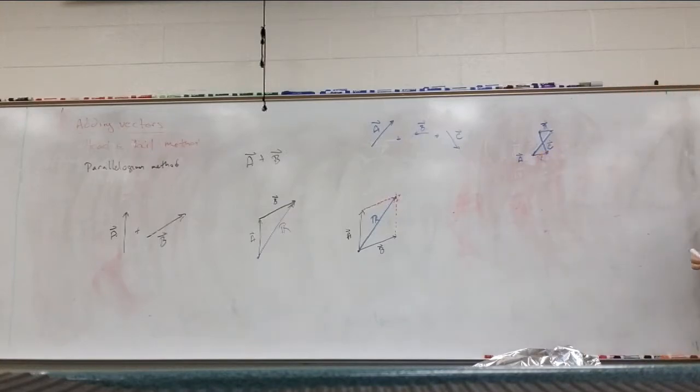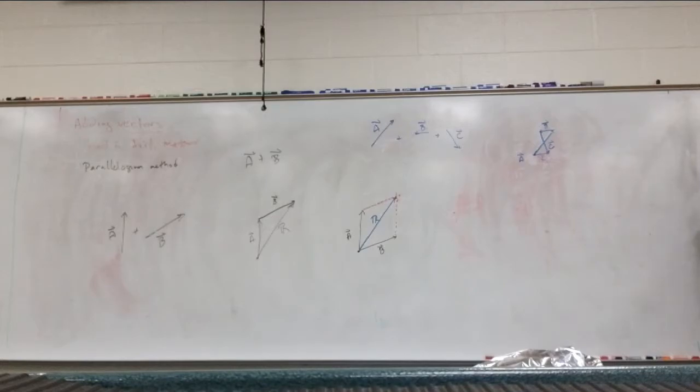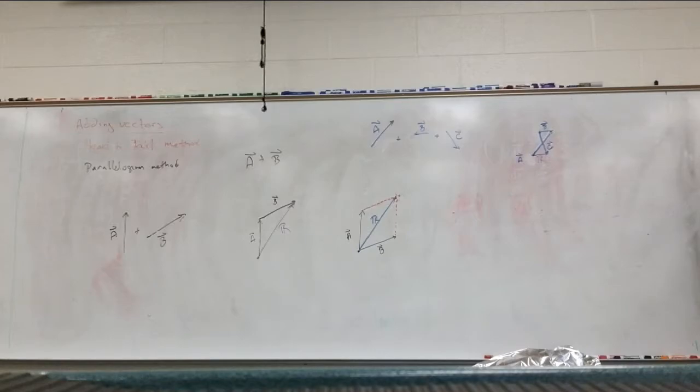That's the sum of the three vectors right there. Questions here before I show how to do this with the parallelogram method?